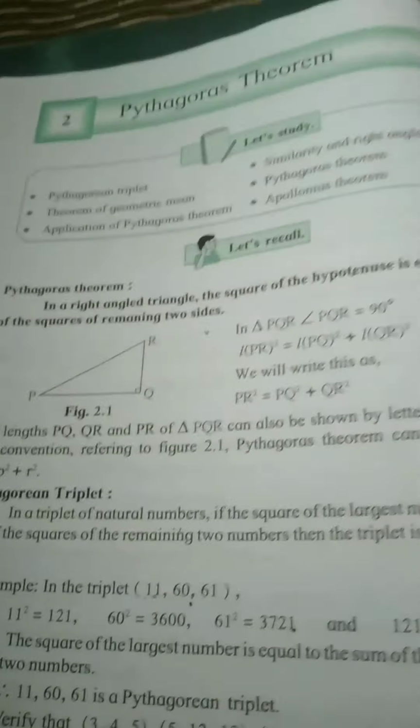In this figure, this is a right angle triangle. Angle Q is 90 degree, angle P is 30 degree, and angle R is 60 degree. So by 30, 60, 90 degree property, we can see opposite side of 30 degree angle is QR.